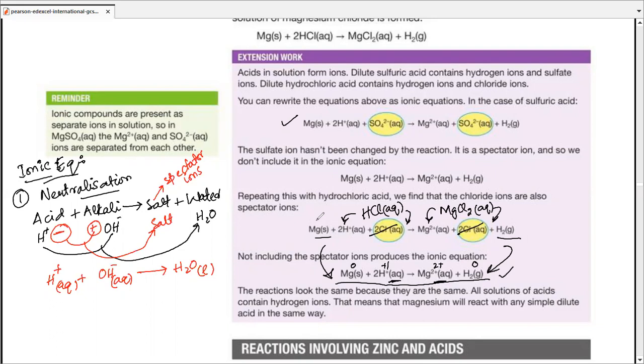Easy. Don't even bother writing the complete equation, cutting out the spectator ions, and rewriting the ions. Simply write this equation and you will always be correct.